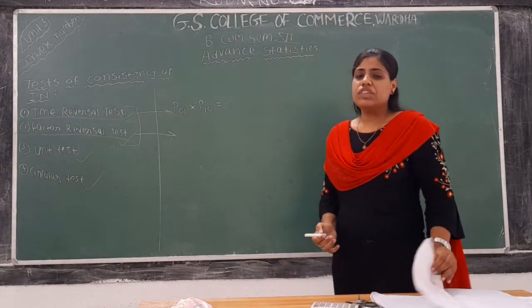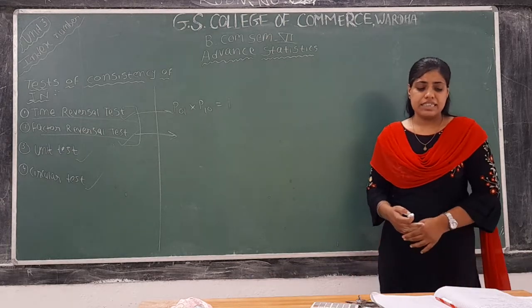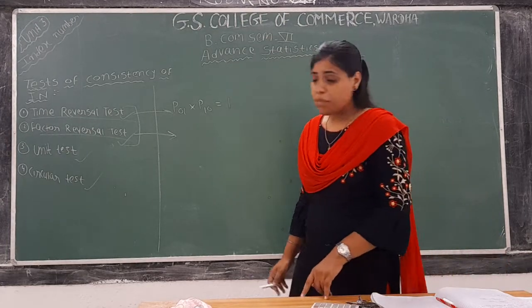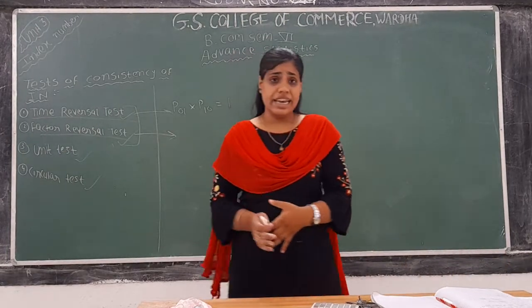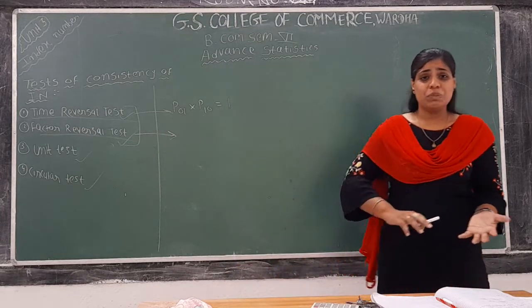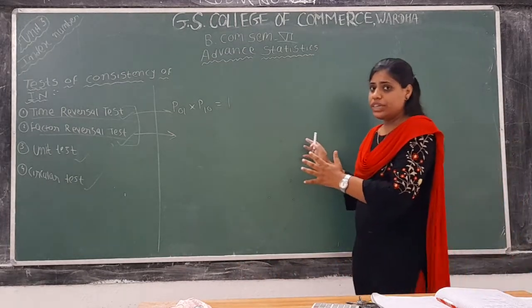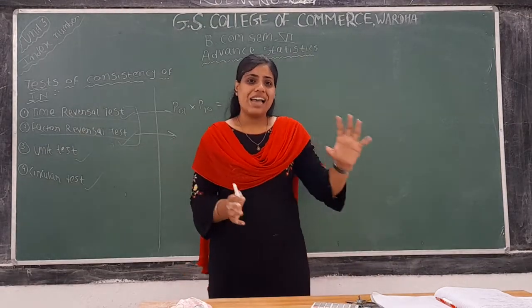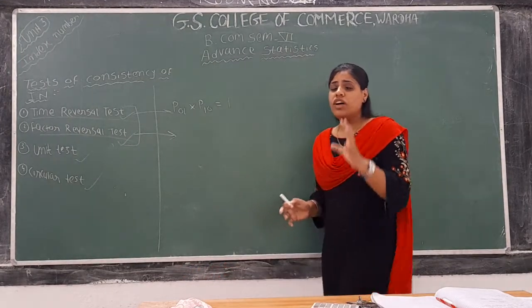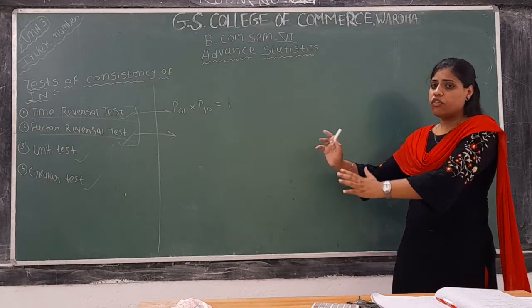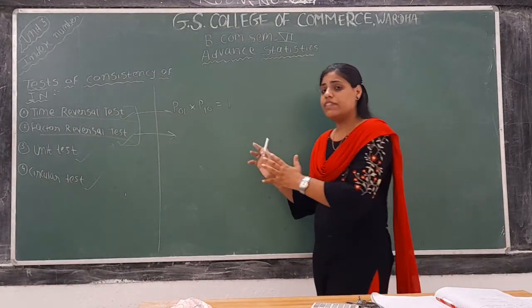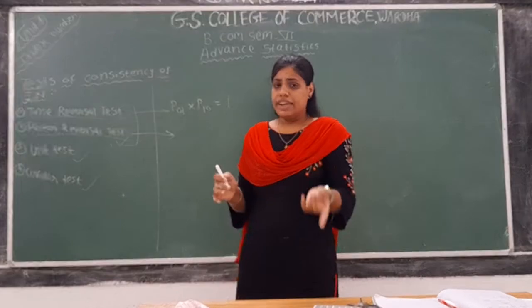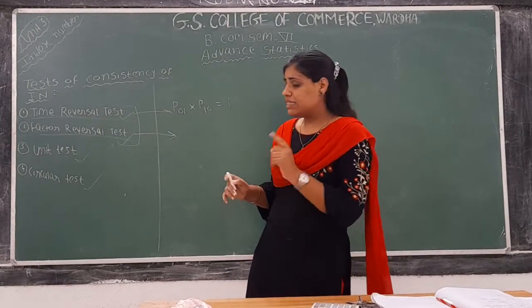Now what does this test say? It says that the product of the price index and the quantity index for the particular period should be equal to its value index. Then only this test gets satisfied.